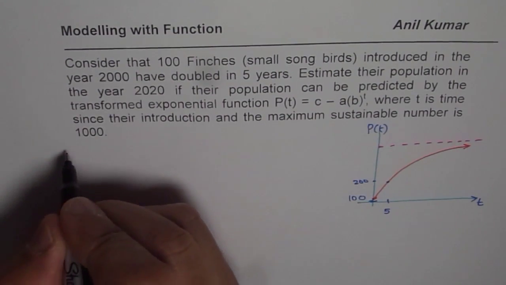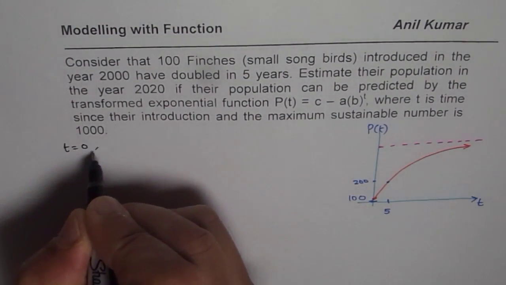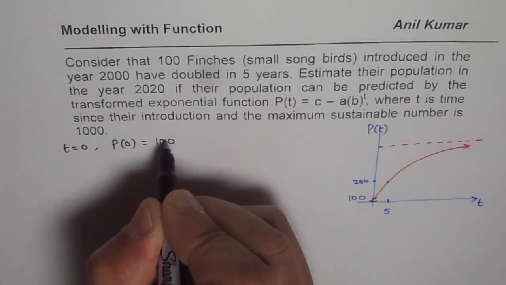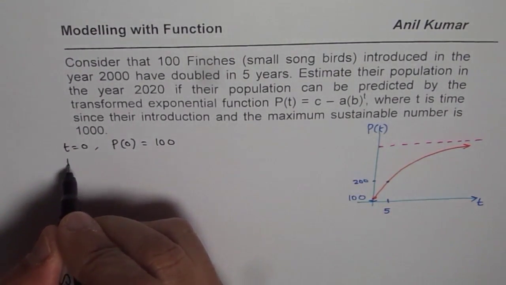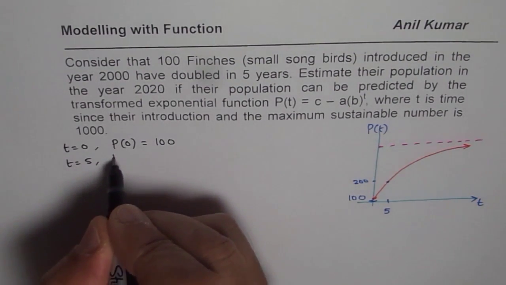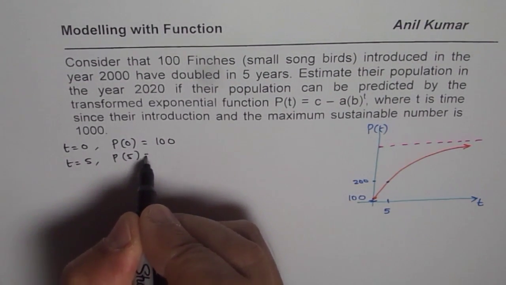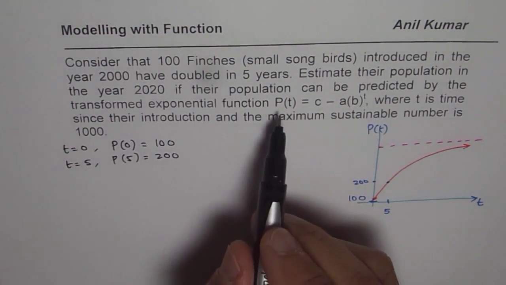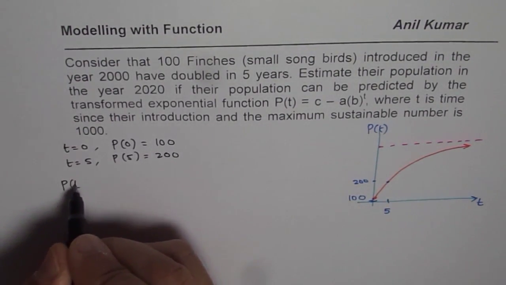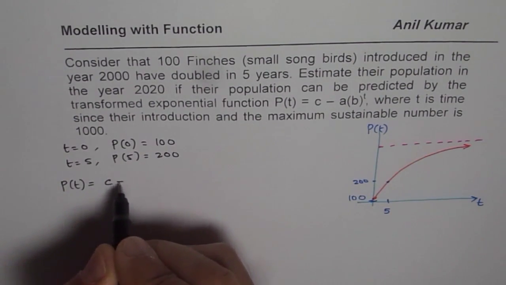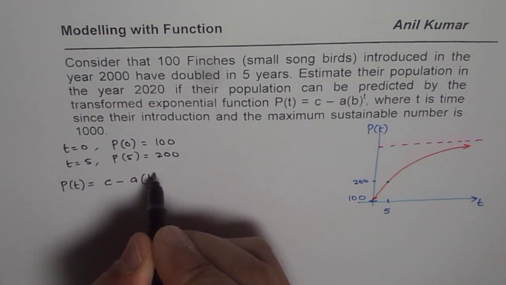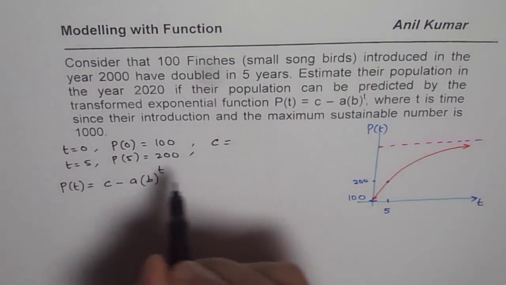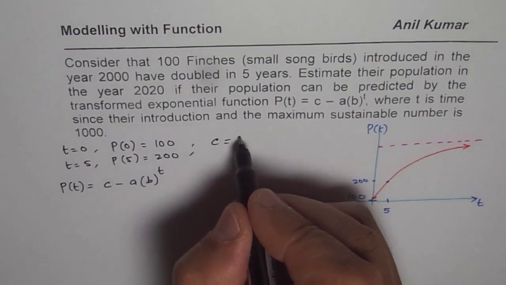We know when t equals 0, the population p0 is 100. After 5 years, that means t equals 5, the population is 200, that is doubled. And we know the model is p of t equals c minus a b to the power of t, and in this scenario we also know c, the maximum capacity, which is 1000.